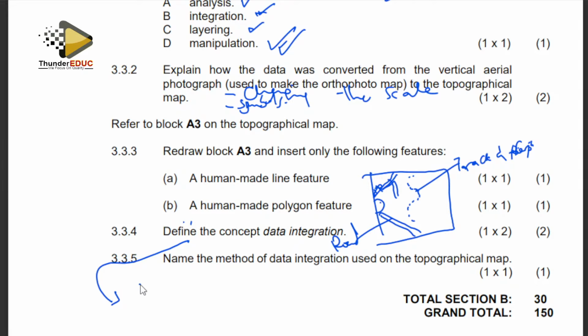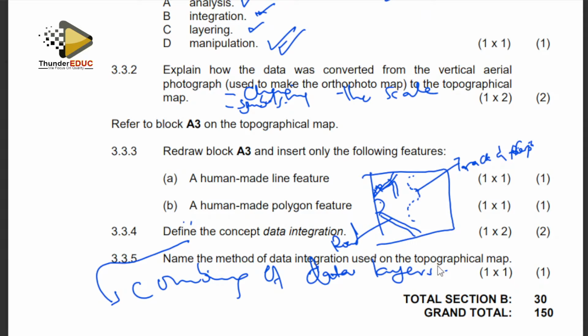So to integrate is combining data layers, or information on the map. You put it together, you integrate it. Like you can look at what is on the topographic map and what is on the orthophoto map, then you integrate it, you merge to come up with one.